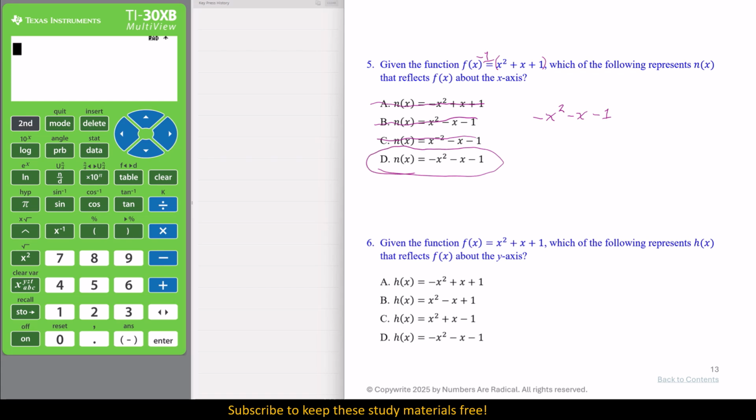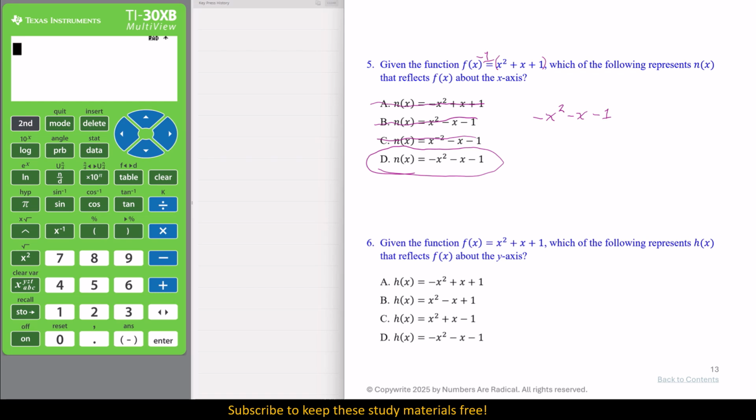Given the function, same function, x squared plus x plus 1, which of the following represents h of x that reflects f of x about the y-axis? Okay, remember this is different.